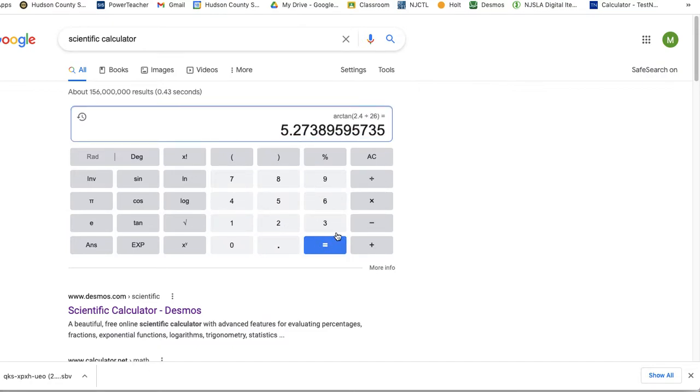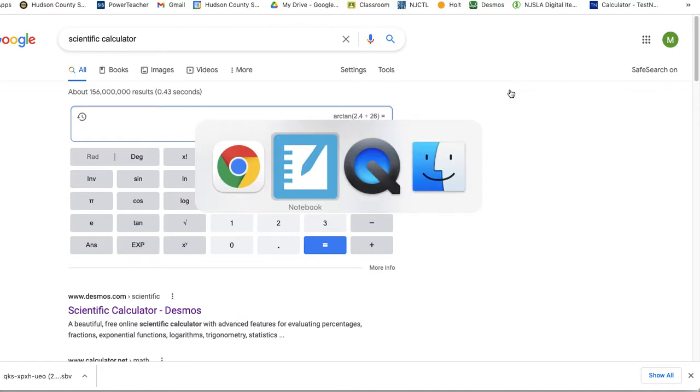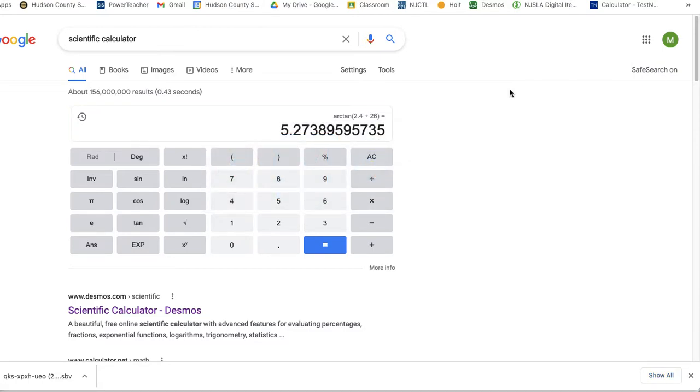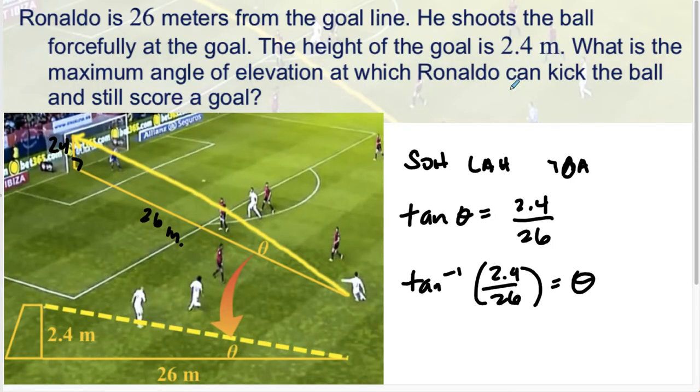That should give me the angle of 5.27. So at most, this angle should only be 5.27 degrees. Otherwise, anything above that will hit the top of the goal post and not go in. All right, I hope that was nice and easy.